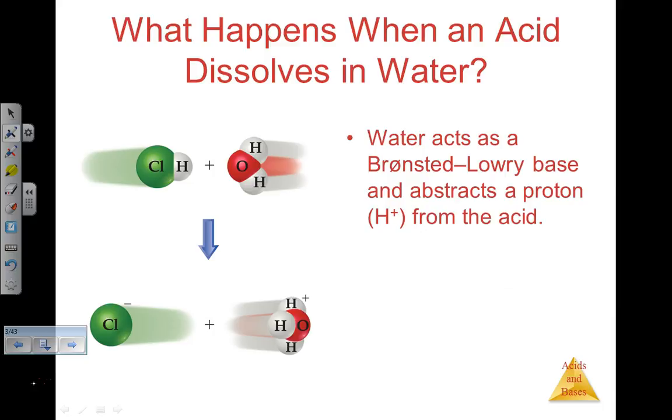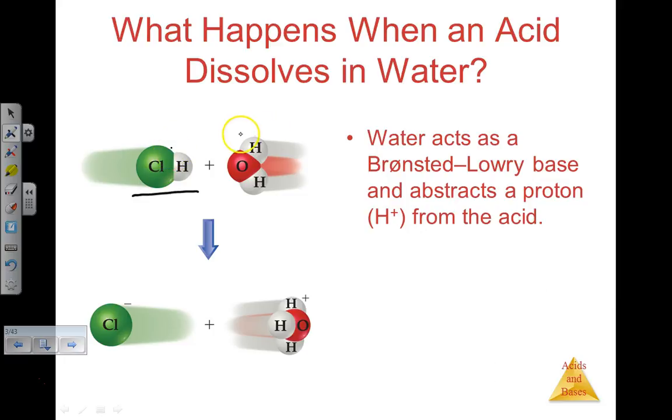So here we have what happens when a Bronsted-Lowry acid reacts with water. Here we have HCl, and I'm going to get pretty specific here. Actually, let me just say that this is hydrogen chloride.